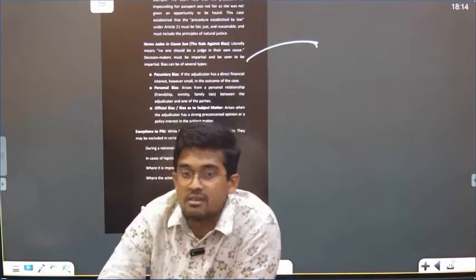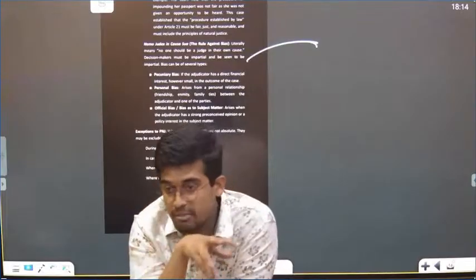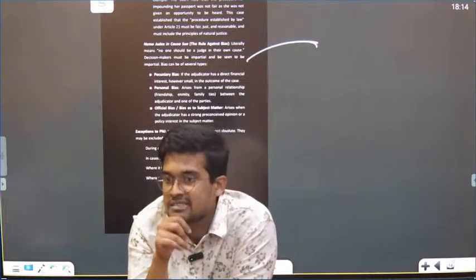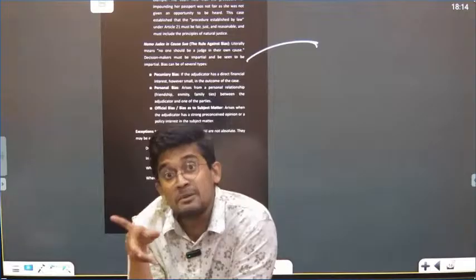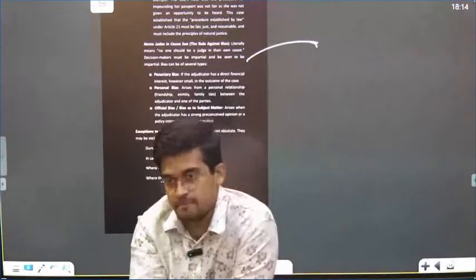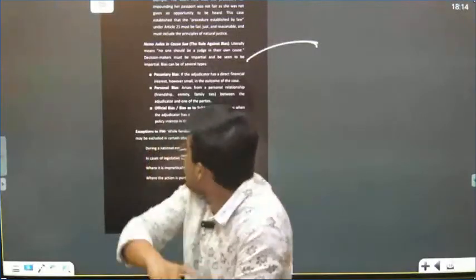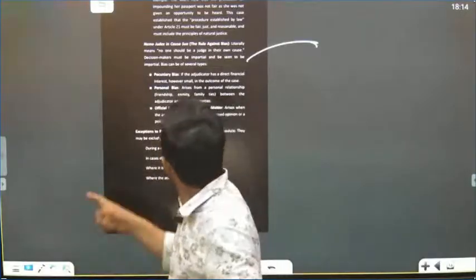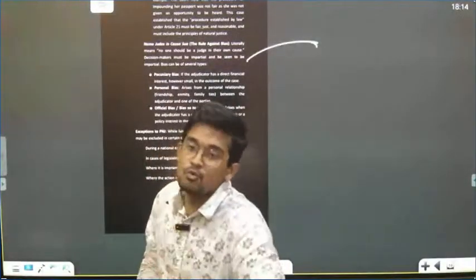So justice should not only be done, justice should be seen to be done. Even though Ramanna would not have put any bias in that judgment, people would still have questioned that he might have, because he belongs to undivided Andhra Pradesh. Yes, understood? So that is why, to remove these personal biases, a particular person should not be the judge of his own case.